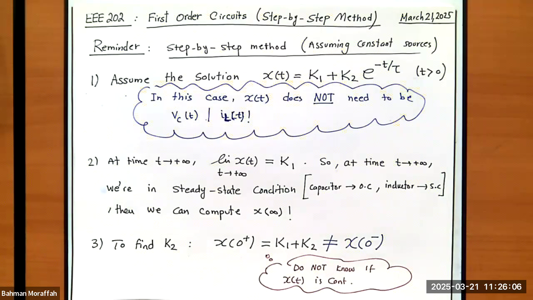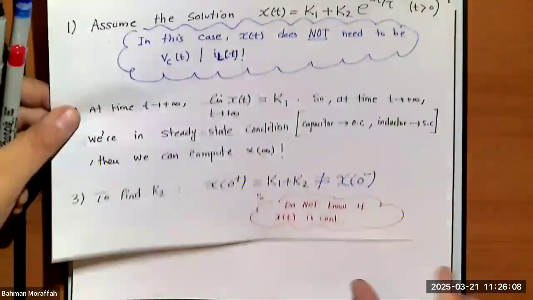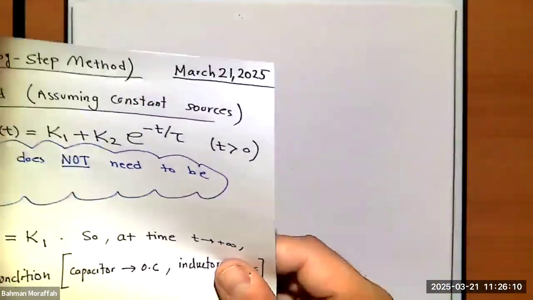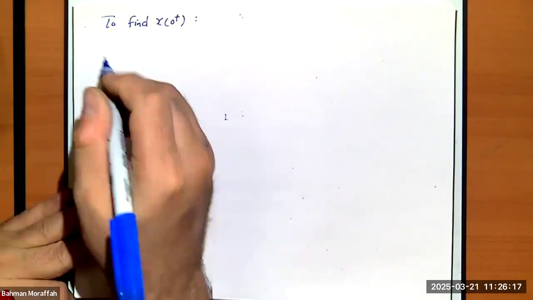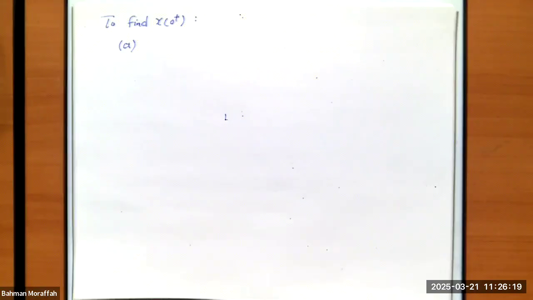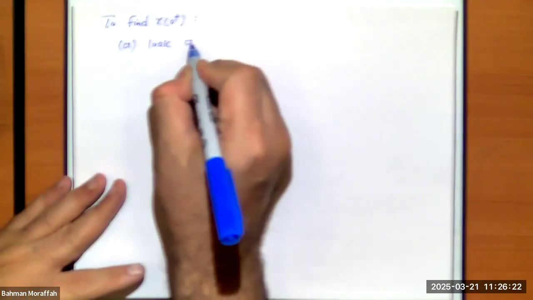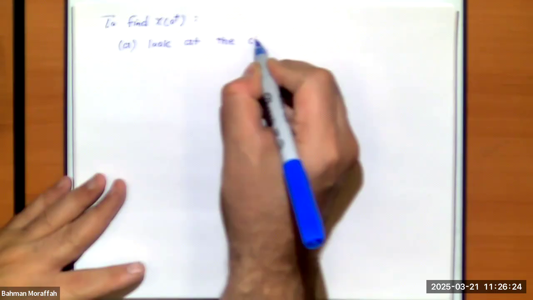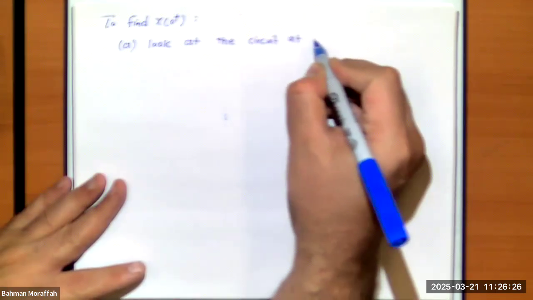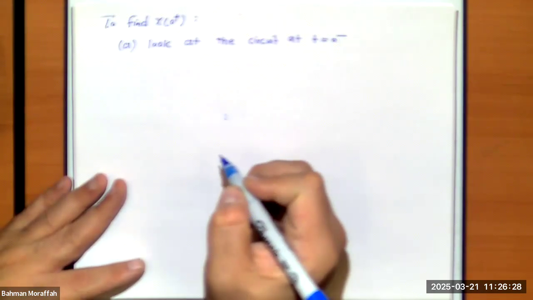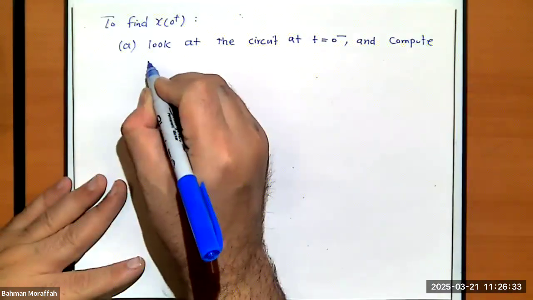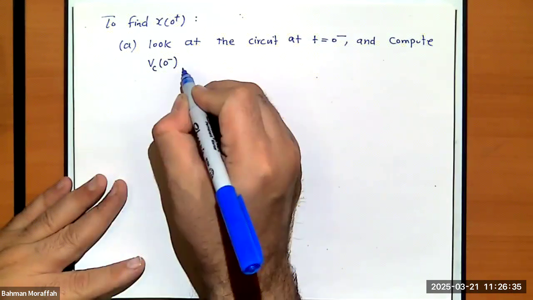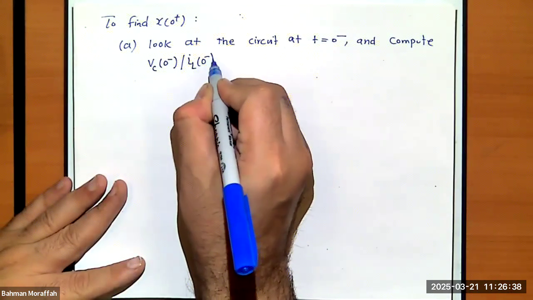So to find x at time 0 plus, we're going to have to go through these steps. To find x at time 0 plus, the first step is look at the circuit at time 0 negative and compute VC at time 0 negative or IL at time 0 negative.